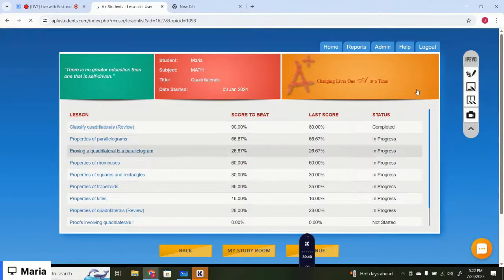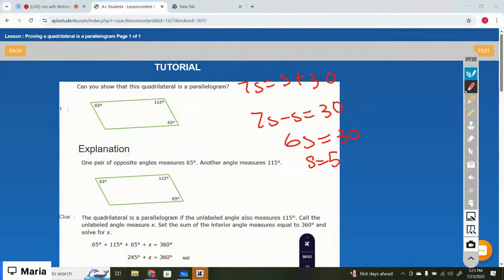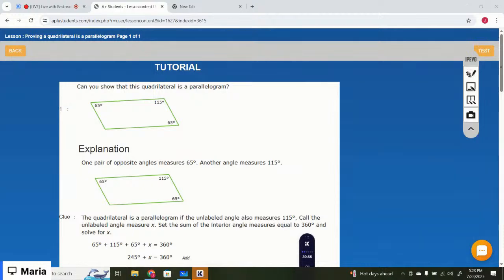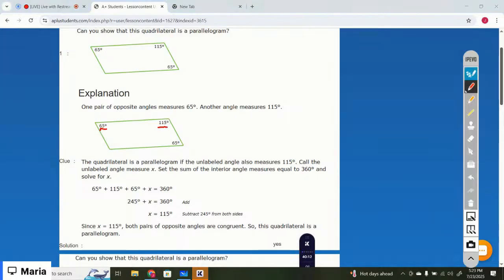That is proving a quadrilateral is a parallelogram. Can you show that this quadrilateral is a parallelogram? Basically we have to prove that the given quadrilateral is a parallelogram. One pair of opposite angles measures 65 degrees, another angle is 115 degrees. The sum of angle measures in a quadrilateral must equal 360 degrees.